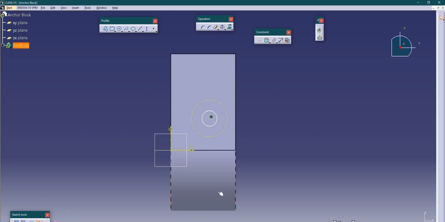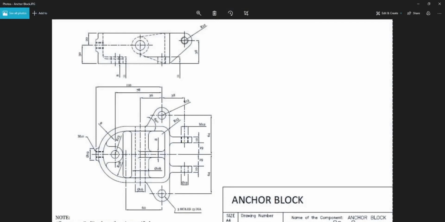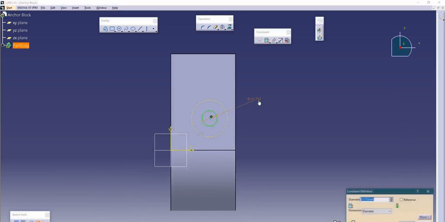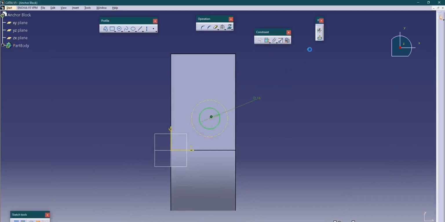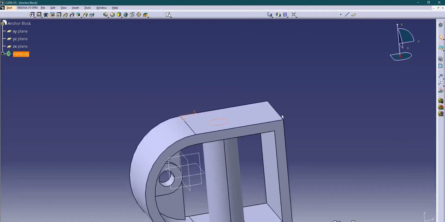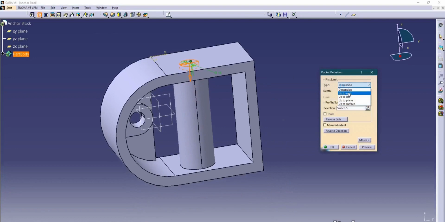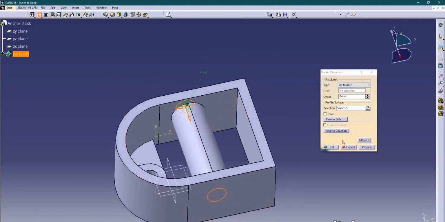Disable the construction mode, and this will be 16 mm. Pocket up to next.